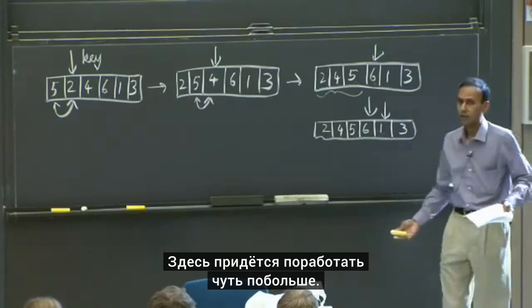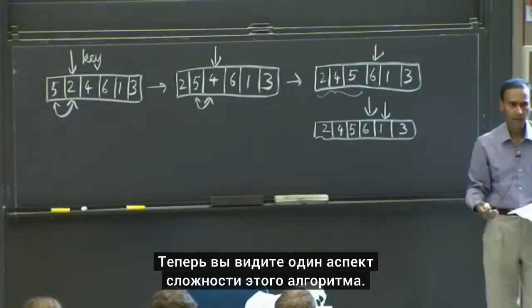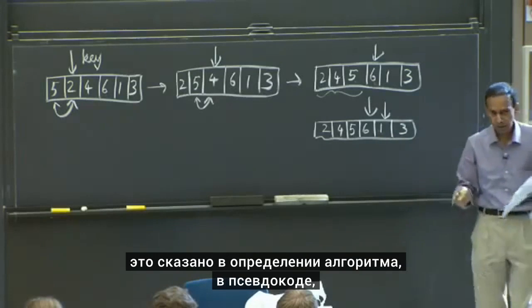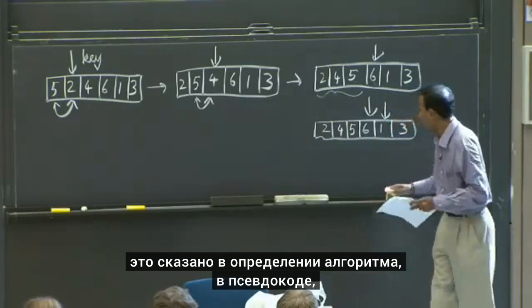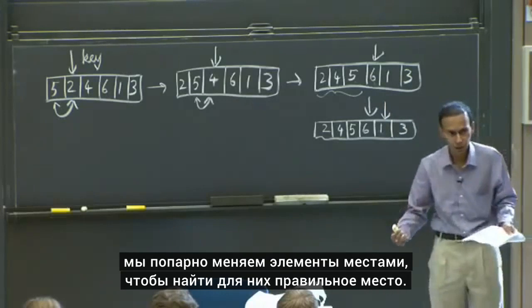Here you have to do more work. Now you see one aspect of the complexity of this algorithm, given that you're doing pairwise swaps. The way this algorithm was defined in pseudocode was that I'm going to use pairwise swaps to find the correct position.